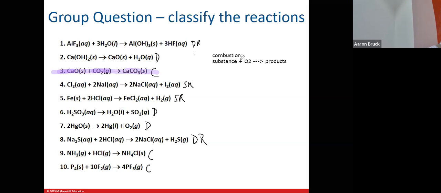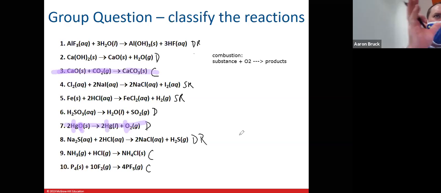In decomposition reactions, there really are no common threads there either. Yes, I can see that there is mercury on both sides of number 7, but the oxygen is completely different in the reactant versus the product. But in replacement reactions, I can see that there are common threads.